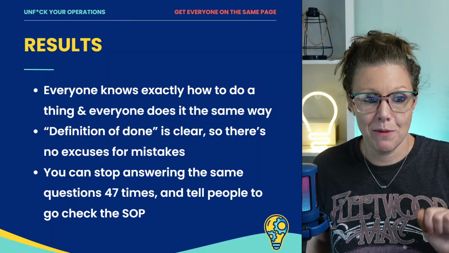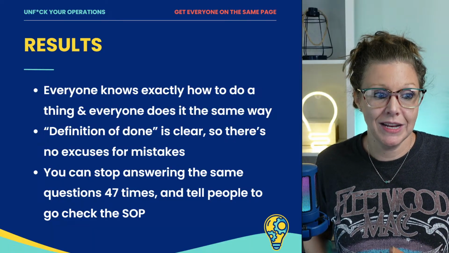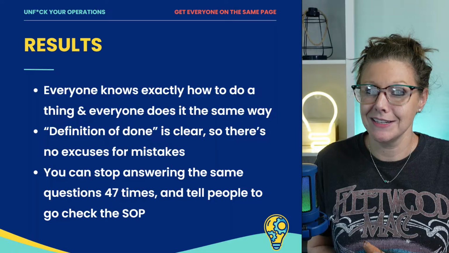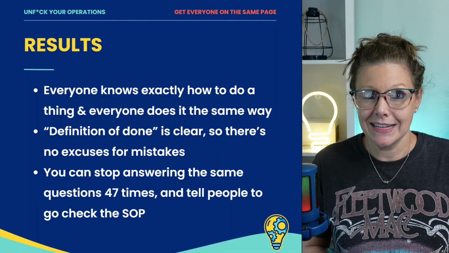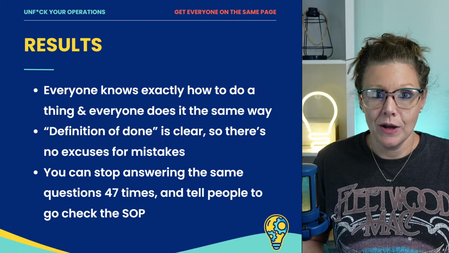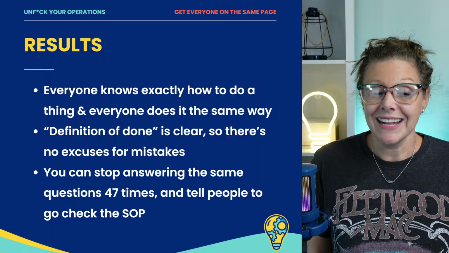This I forgot to touch on, but definition of done. That is one of the things that is part of your SOP document. What is your definition of done? And I like to make another analogy with my children. They have jobs every week, and one of them is to clean their room. So if I just say to my 6-year-old, go clean your room, that's not very clear.